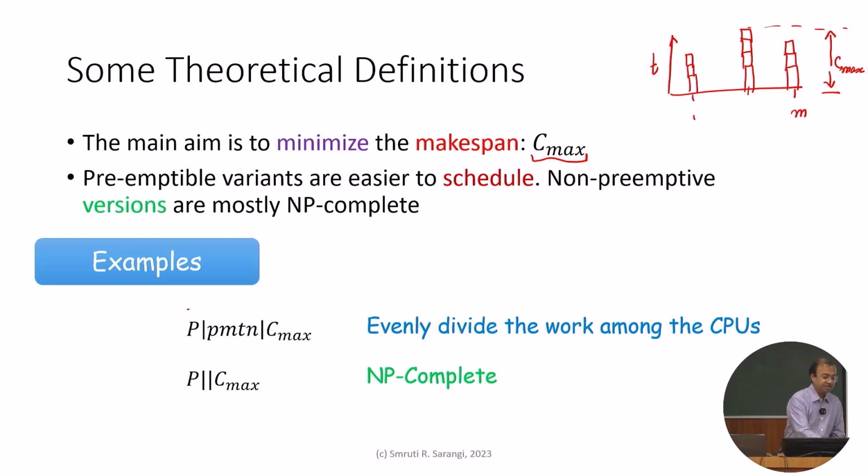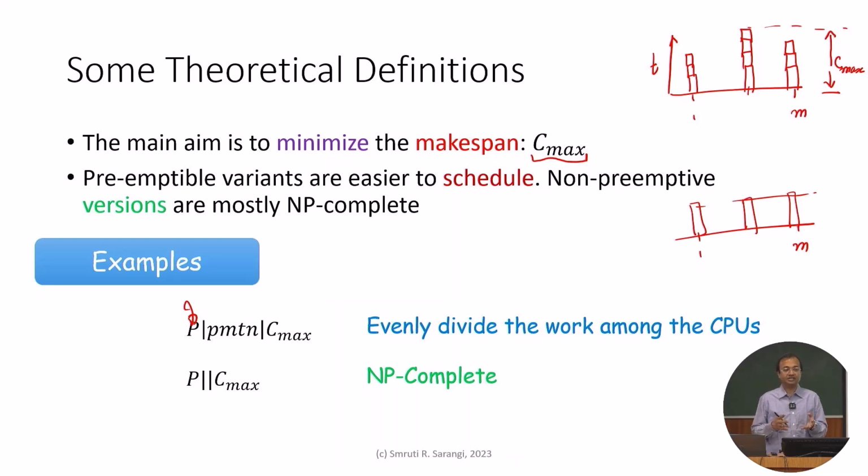Let's say P means that I have P processors, more than one. If preemption is allowed and I want to minimize Cmax, then I have a very trivial algorithm. I simply ensure that the work that all of them do is exactly the same. And how do I do that? Well, I just chop jobs. Preemption allows me to chop jobs and create as thin slices as possible.